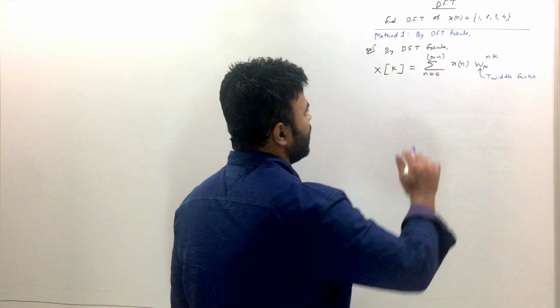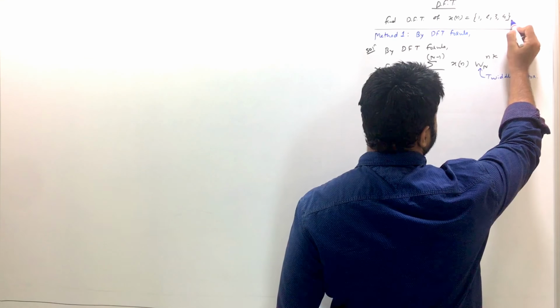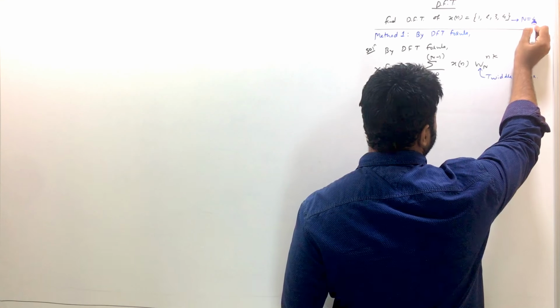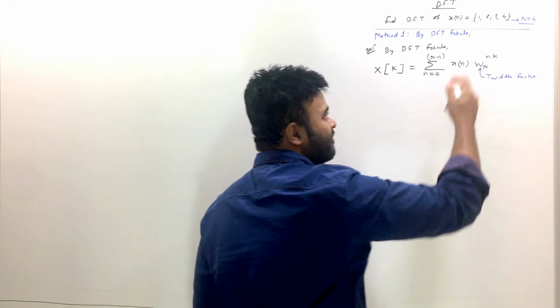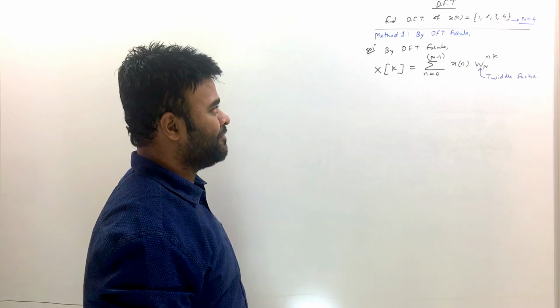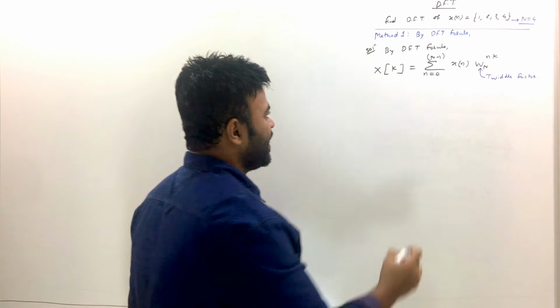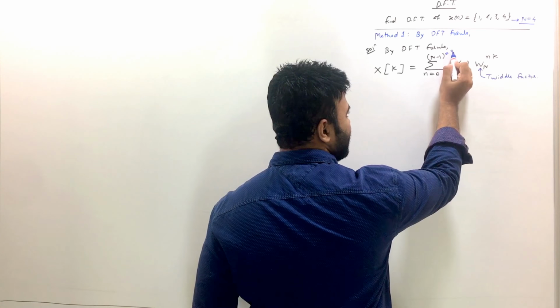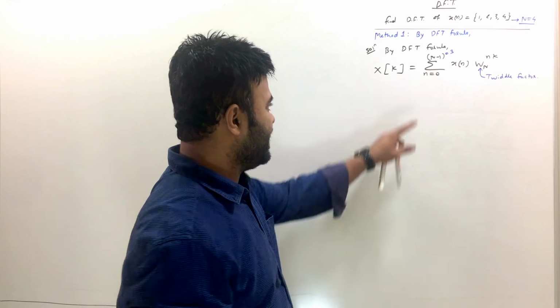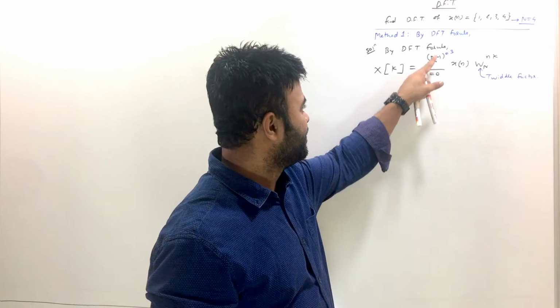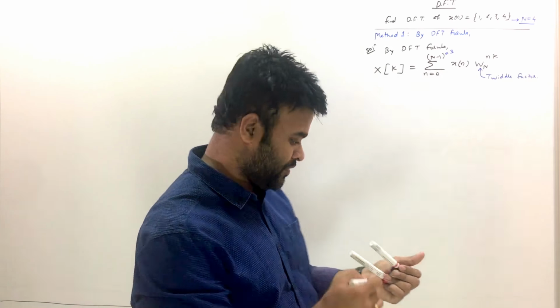Now, for this x of n, the capital N is 4. Capital N is the number of values that it has, so the length of x of n is 4. So your N minus 1 is going to be 3, so n will go from 0 to 3. You will substitute the values of n over here.